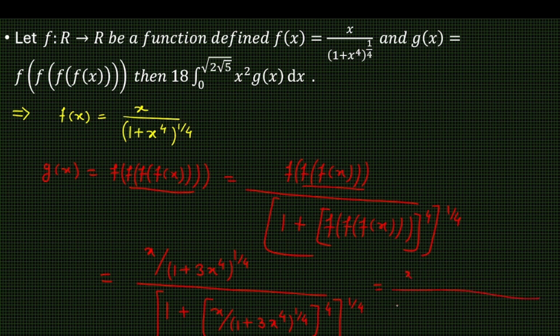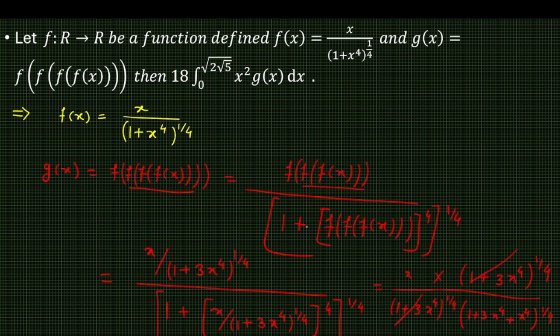On simplifying, we will get x upon (1 + 3x^4) to the power 1/4, and the denominator of this step I will write in the numerator, and by taking LCM, similarly we will have (1 + 3x^4 + x^4) bracket to the power 1/4. Now the denominator of this term will be in the numerator, and which is the same, so gets cancelled, and so we have g(x) is equal to x upon (1 + 4x^4) bracket to the power 1/4.